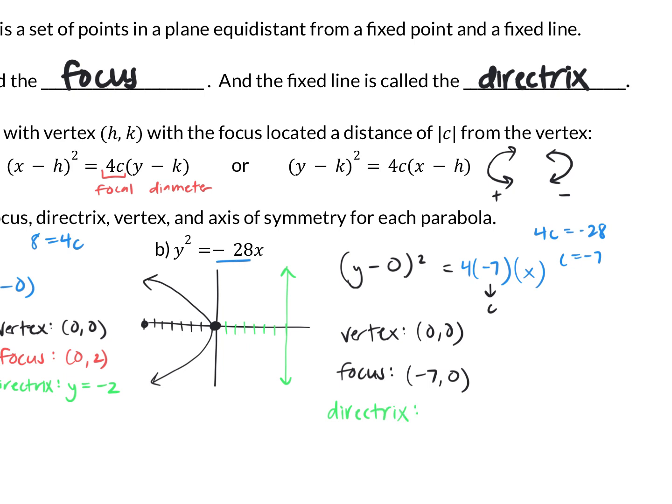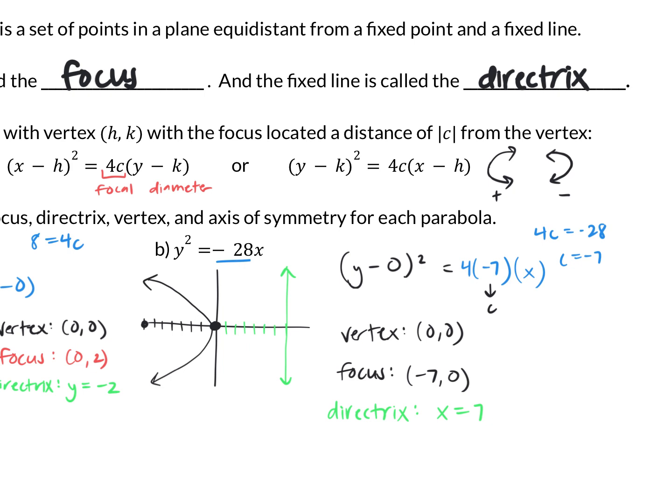So my directrix would be at the line x equals 7. What is this parabola symmetric about? The y-axis in this case.